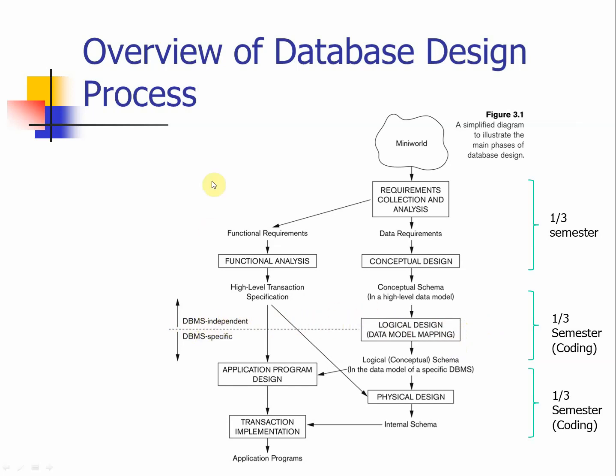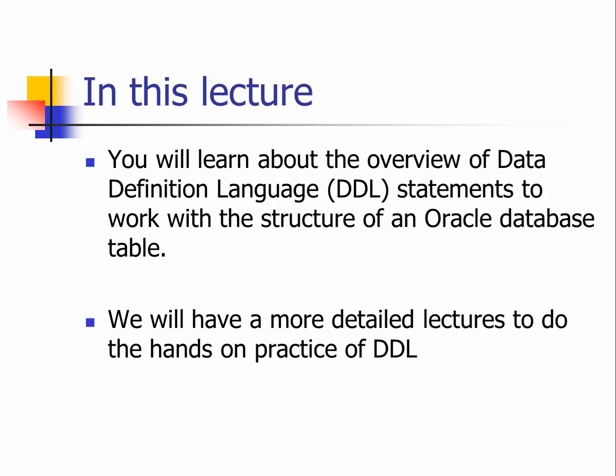It is DBMS, database management system, independent. But after that stage, when we start writing the code, it will depend on what software or DBMS you use to write a program. And let us take a look at what it looks like to create a table in Oracle.